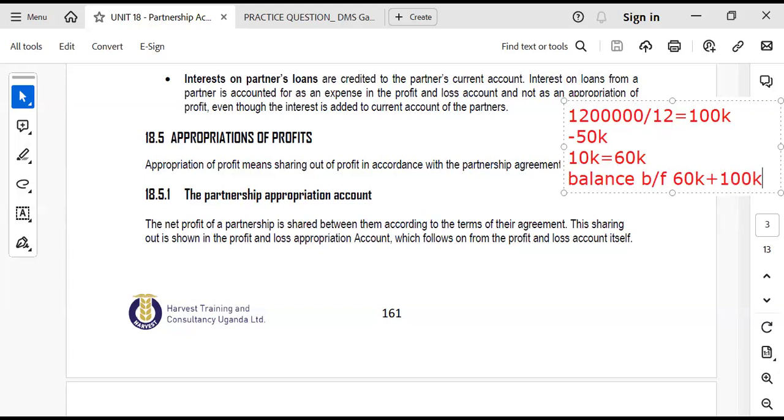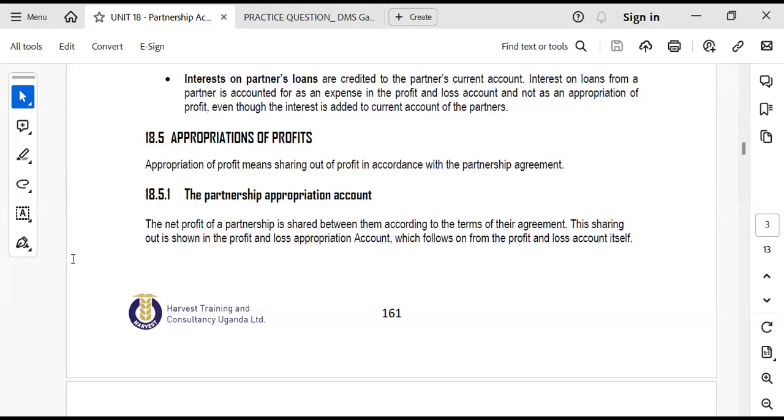Capital doesn't change. Of course, we made drawings, but we still had a net profit of 100,000. We shall look at it much better with the exam question. I just want us to understand the concept behind it. It may seem very new to you, that's why I'm trying to simplify it as much as possible.